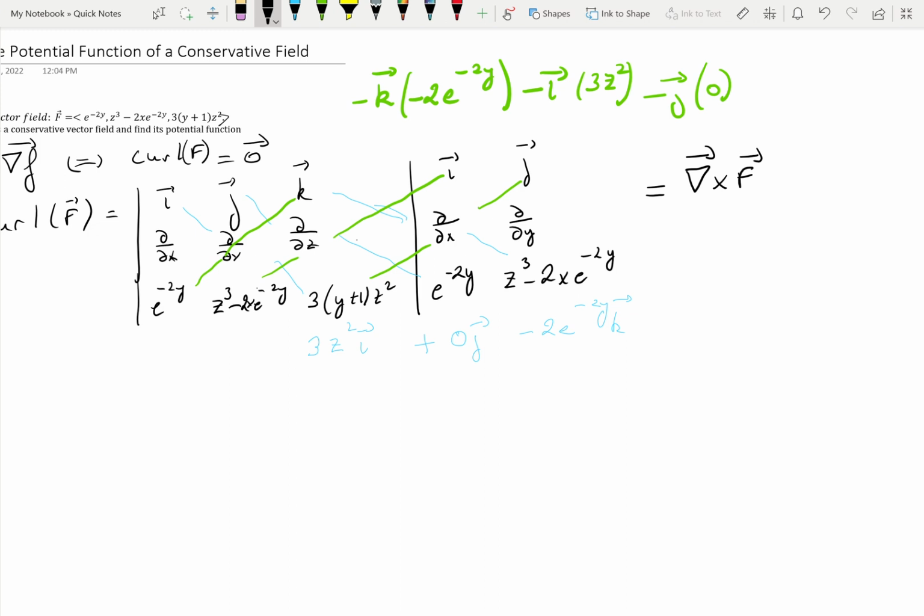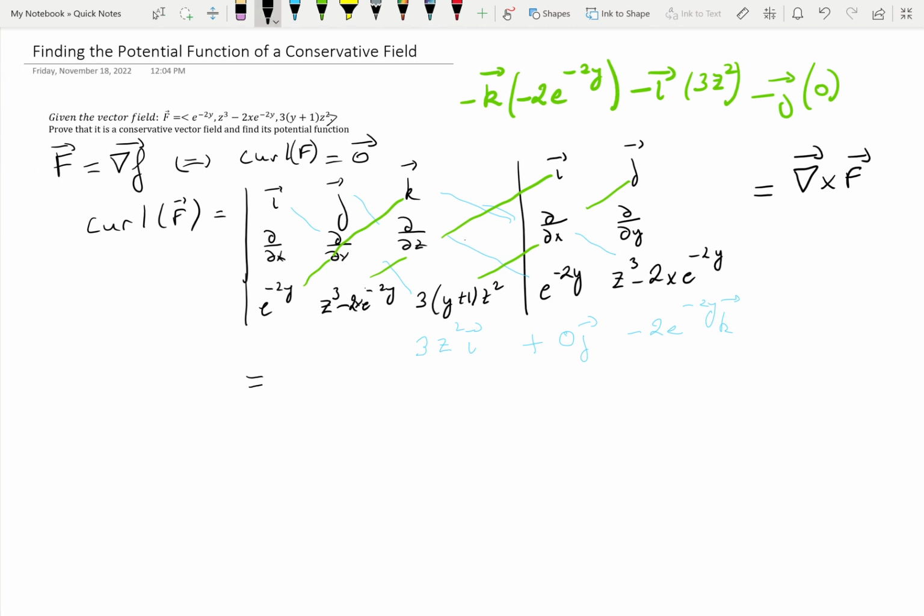And then when we put everything together, the i component is 3z squared and minus 3z squared, they cancel. The j components are both 0, so that's good. And here minus becomes positive, 2e to the minus 2y for the k component, and here we have negative. So that means the curl is the zero vector. Everything cancels each other out.